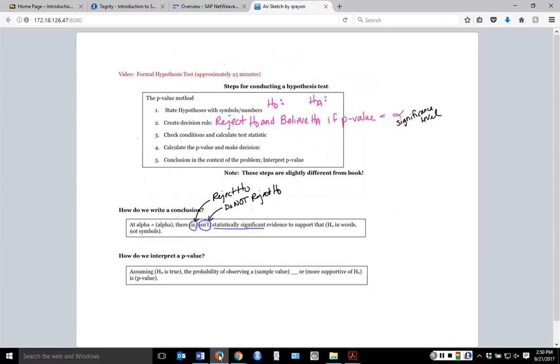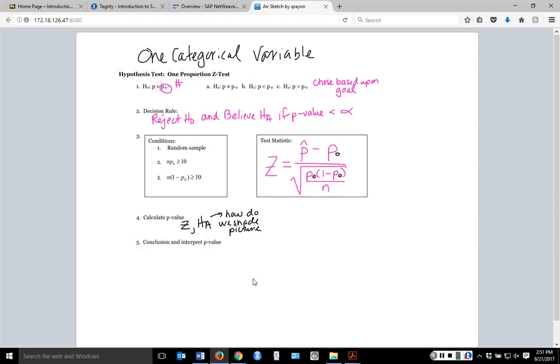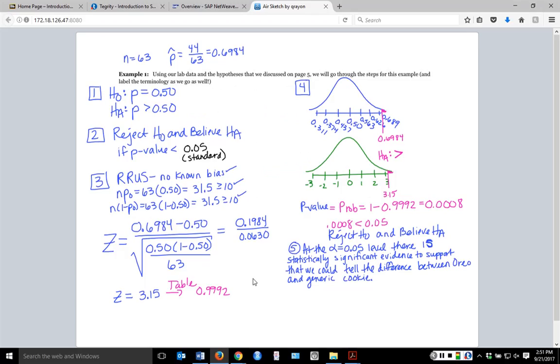The other one is very similar to what we did in the previous set of notes. We have this "assuming," which basically is replacing my word "if." The null hypothesis is true, so you're going to see this is very similar to what we had before, but there's a slight change in it. So assuming the null hypothesis is true.